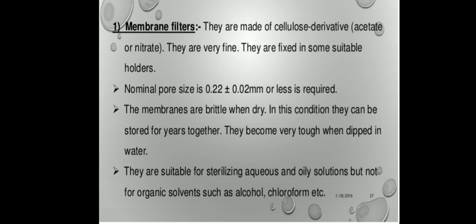The assembly of membrane filter is set, and these oily or liquid substance is passed through those filter. The bacteria or the different microorganisms get trapped or stopped above the filter, and the pure sterilized liquid or the liquid which does not contain any microbial load is collected inside the receiver. But the organic substances like alcohols and chloroforms are generally not filtered by using membrane filtration technique.